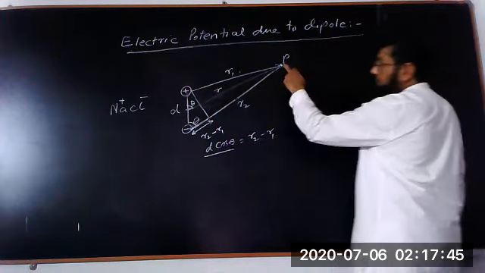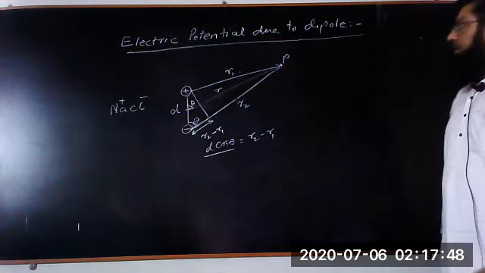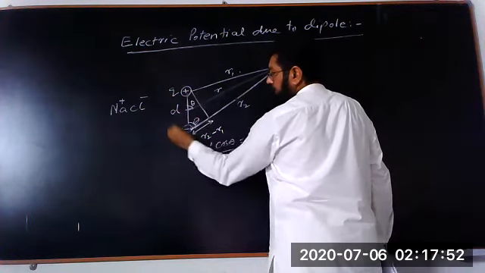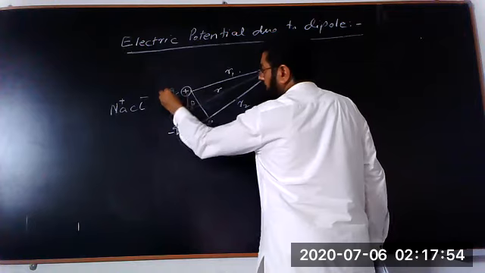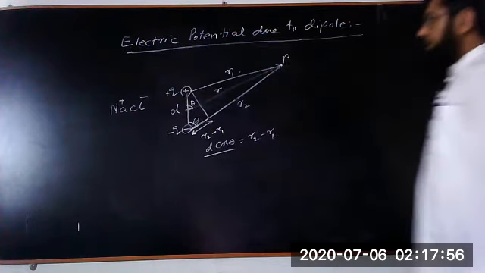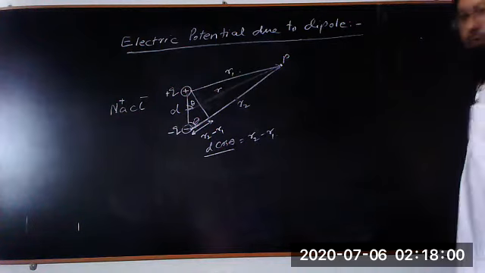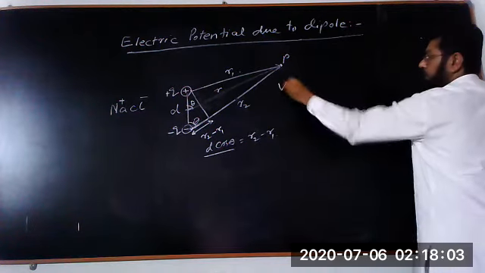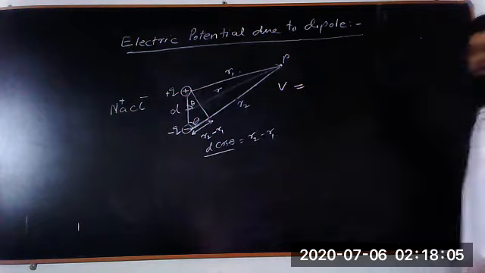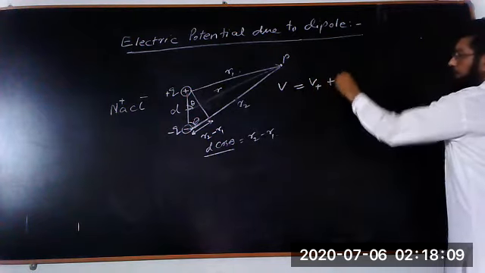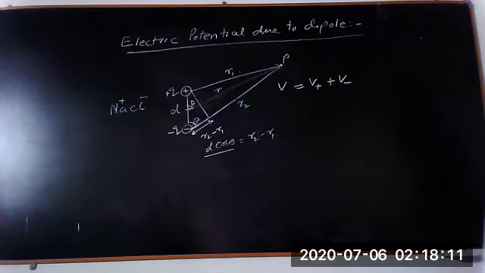We have to calculate the potential at a point P. This charge is the charge Q, and this charge is the charge Q. This is the positive charge, this is the negative charge. So what is the potential at point P? The potential at point P is equal to the potential due to the positive charge plus the potential due to the negative charge.